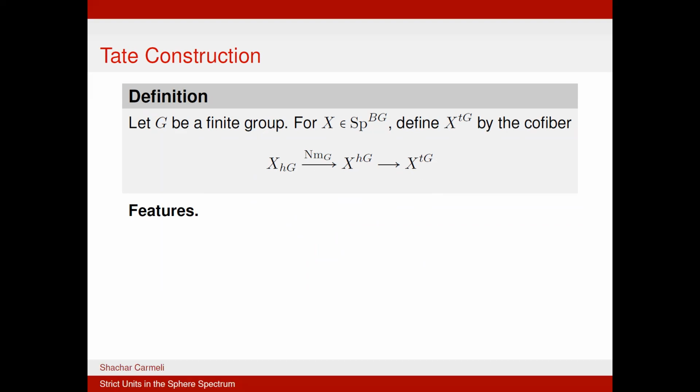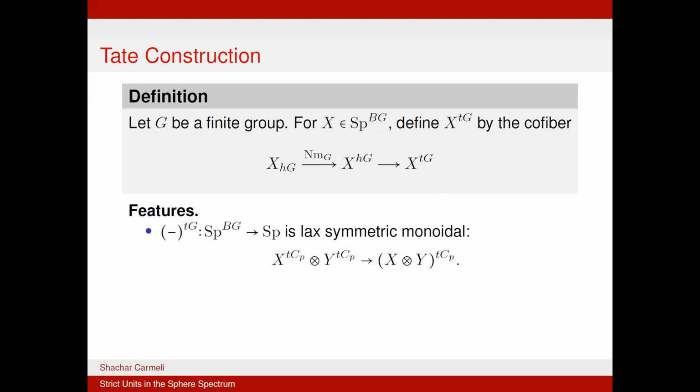And this construction has various interesting features. First of all, it is lax symmetric monoidal. So there is a canonical map from the tensor of two Tates to the Tate of the tensor.